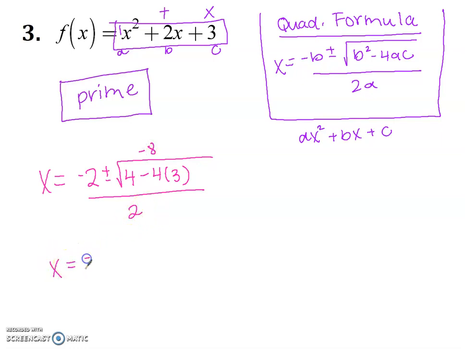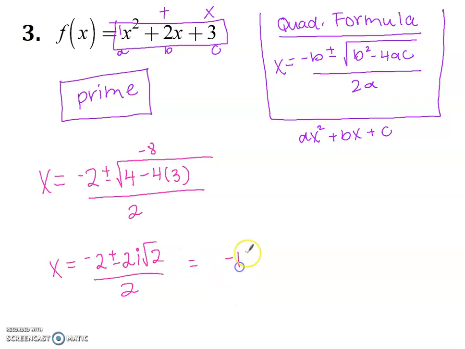When you're simplifying quadratic formula, you always need to simplify the root first. There's a negative, so an i comes out. 8 again is 4 times 2. The square root of 4 is 2, and then that other 2 is going to be left in. Once you simplify the radical, that is when you can reduce it with what's on the bottom. If all three of these, the first number and the radical coefficient and the denominator, are divisible by something, that's when you can reduce it.